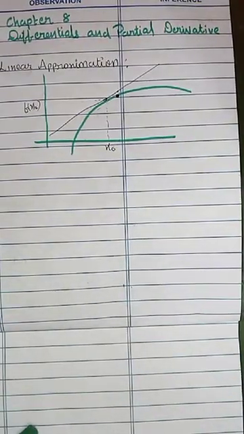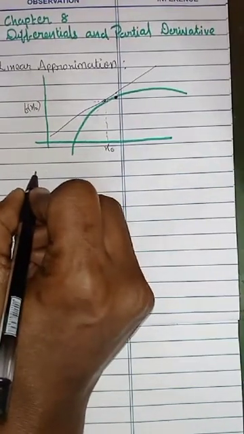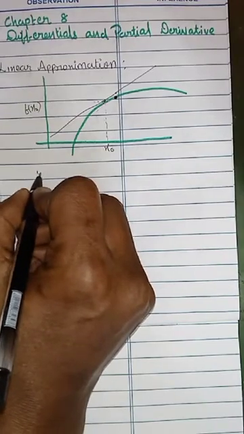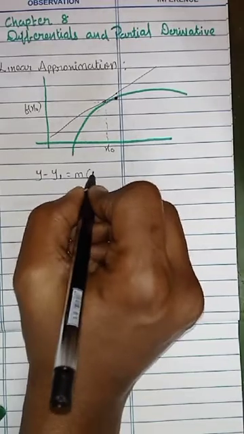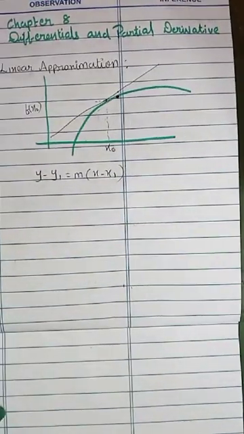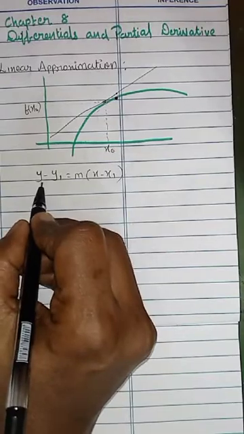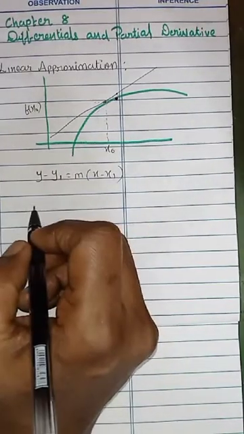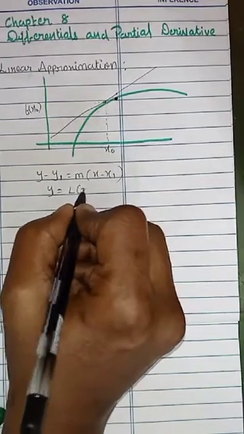So what is linear approximation? How can we find it? The line formula is y minus y1 equal to m of x minus x1, right? Here we are finding linear approximation only, so we can take y equal to L of x.